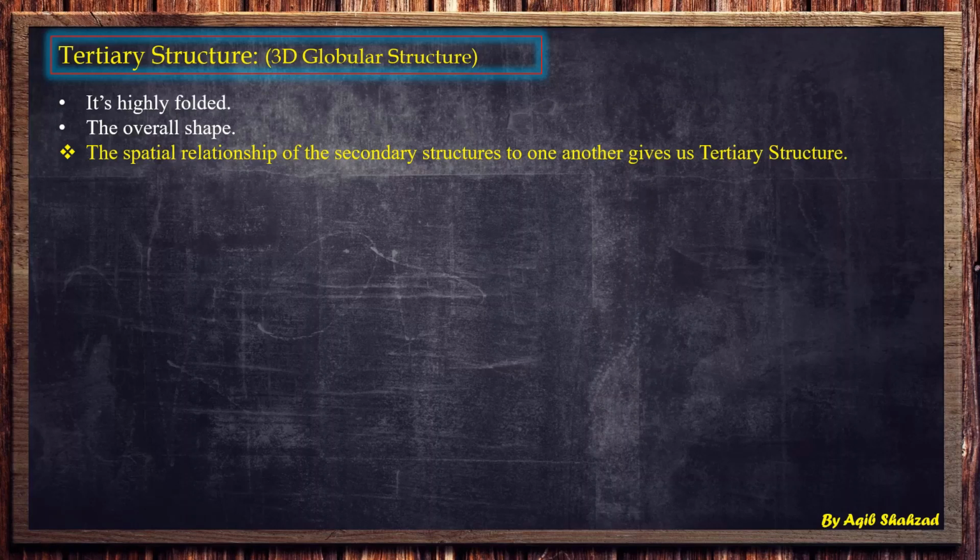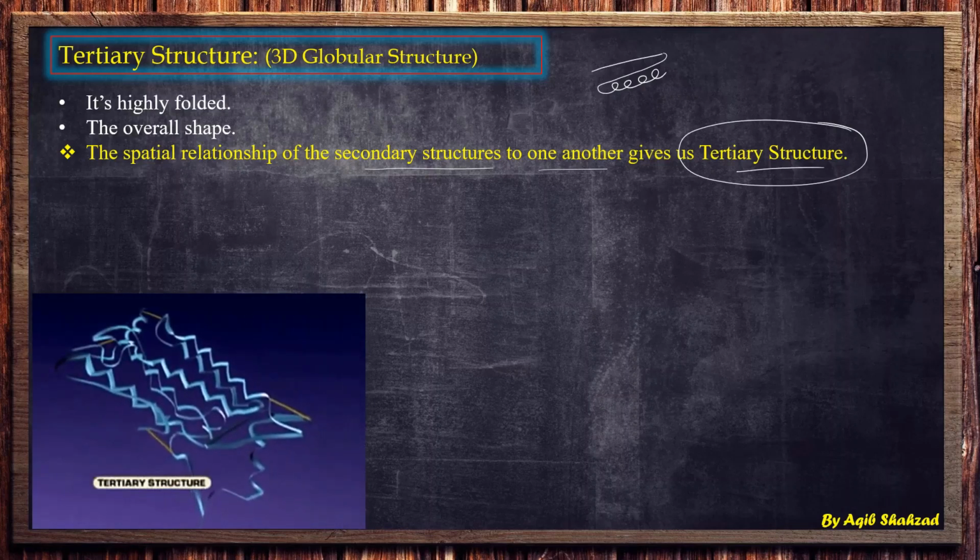As we have already seen, there are the beta sheet type of structure and the helix type of structure. These structures interact with each other so as to result in a tertiary structure. Relationship of secondary structures to one another gives us tertiary structure.